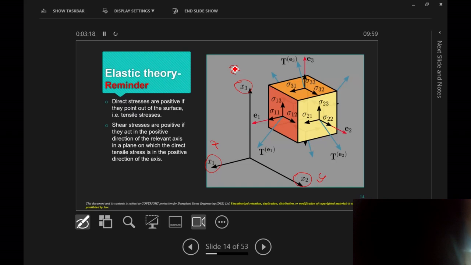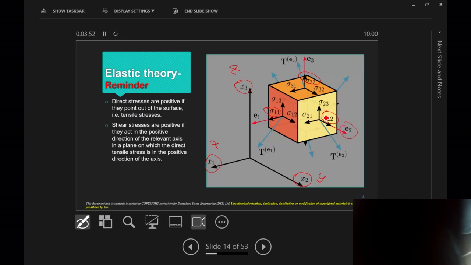We've got two types of stresses: normal or direct stresses, as we call them, which are sigma 2,2, sigma 3,3, sigma 1,1. These stresses act perpendicular to the plane of that cube of material. It is positive if its direction is along the normal of that plane. So that plane, the yellow plane, the normal of that plane is E2, acting in the positive direction of X2.